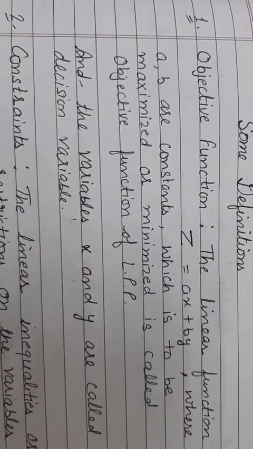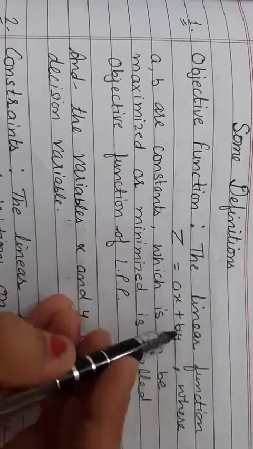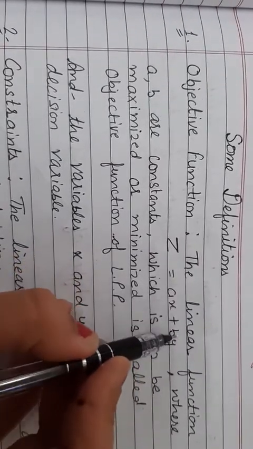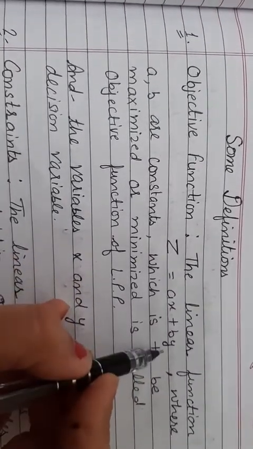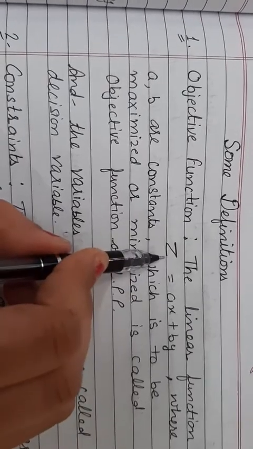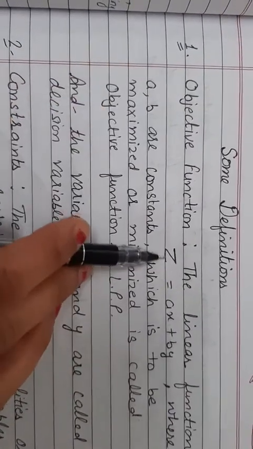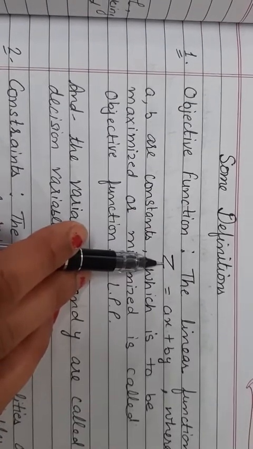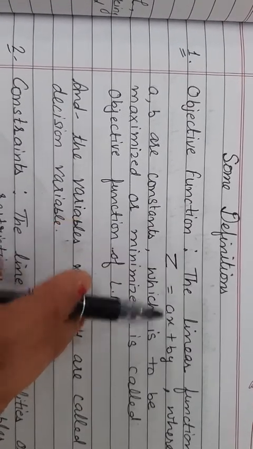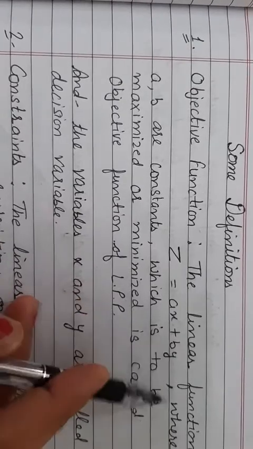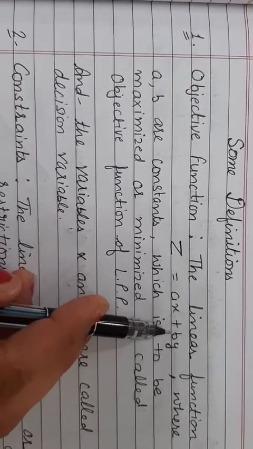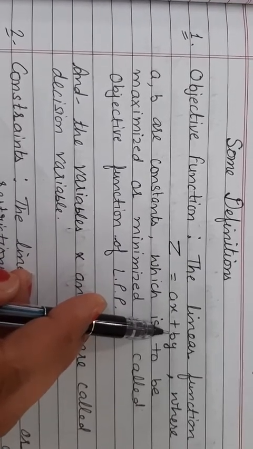Firstly, the definition of objective function, which is the first step. It is a linear function, as I told you, in which the power of the variables will be 1. Mostly we will write the objective function with the variable Z. Capital Z indicates the objective function ax plus by, where a and b are constants like 1, 2, 3.